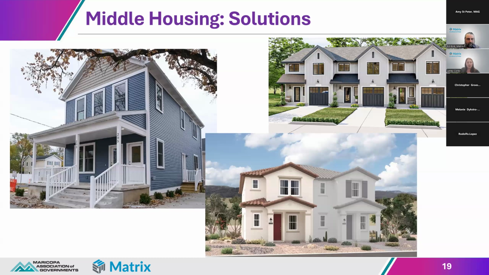Although these products are duplexes and triplexes, given the enhanced design, you're able to maintain the neighborhood character while also expanding the housing availability in the area without disrupting that visual cohesion.